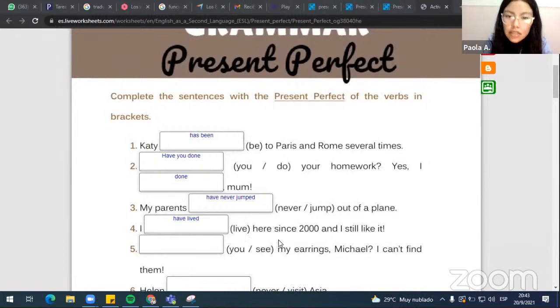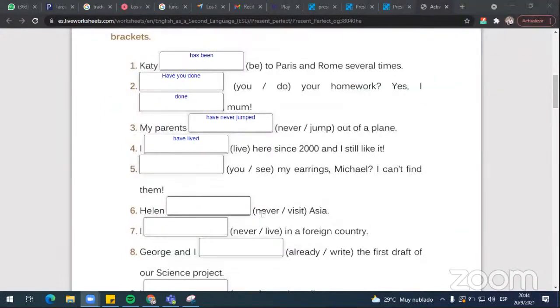You don't pronounce it, no? I have lived here since 2000, no? All right. Thank you very much, Gilbert. Since. Acuérdense, no sé por qué siempre dicen since. Since.